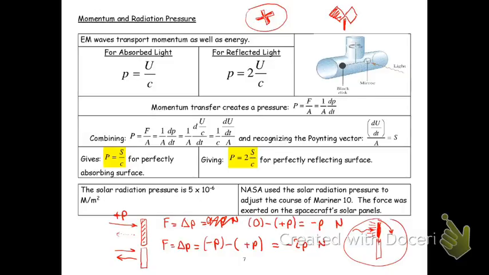So you can calculate by looking at the momenta from an absorbing surface and a reflecting surface, and just playing with it, you can get the force or the pressure, if you like, out of it. And you get, for instance, the solar pressure is 5 times 10 to the minus 6 newtons per square meter.